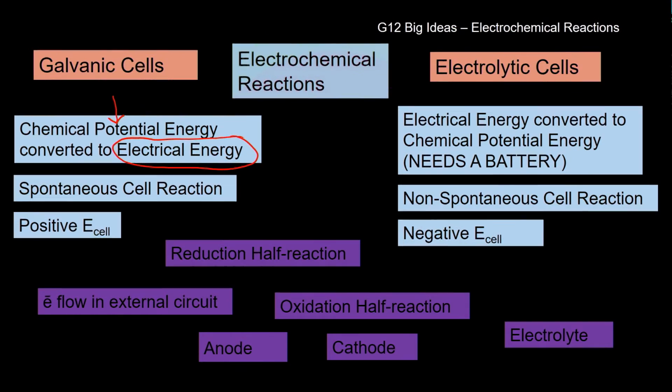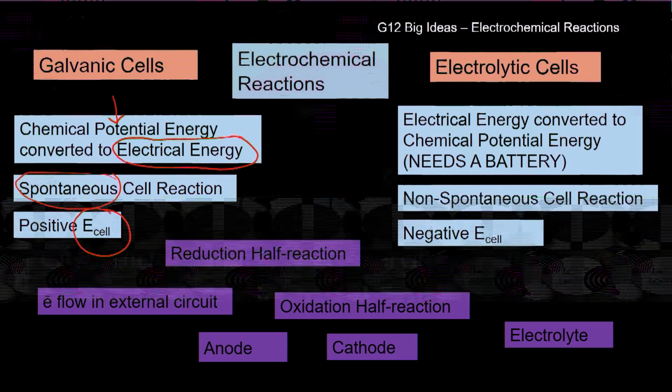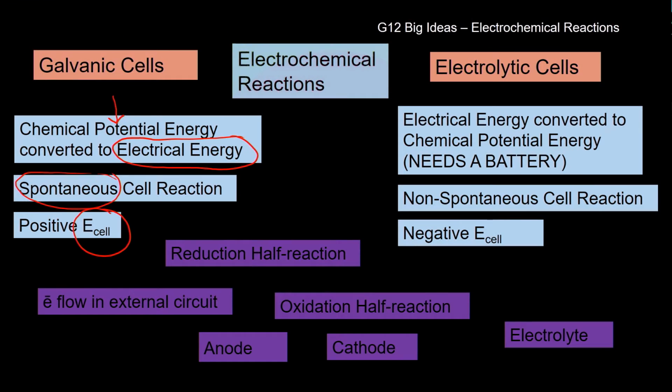So we have a flow of electrons. For this to happen, there has to be a spontaneous reaction. So we have spontaneous cell reactions, and when we find the EMF of the cell, the maximum amount of energy that is transferred, we find that the result is positive.